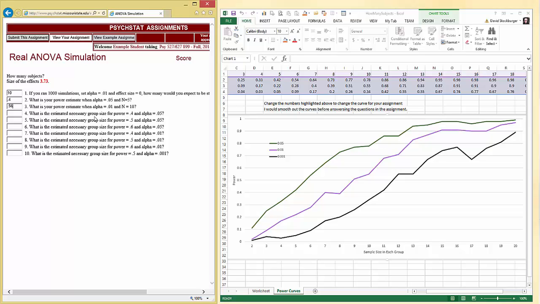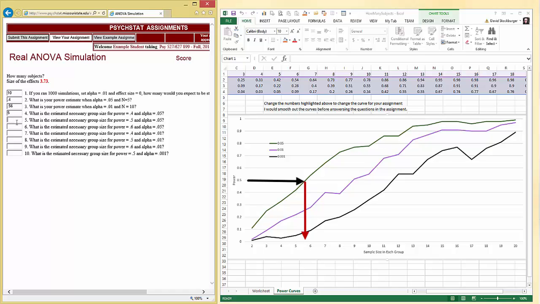What is the estimated group size when power equals 0.4 and alpha equals 0.05? So we're going to be using the 0.05 line. We're going to 0.4, so now we're starting at power, and we're going to drop down. It looks like it's about 5. Power equals 0.5, and again we're at 0.05, and not quite 6.